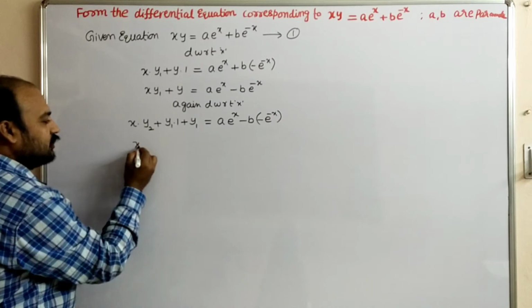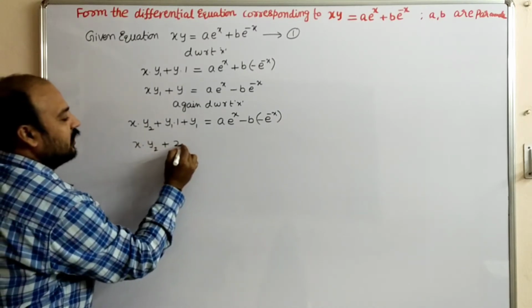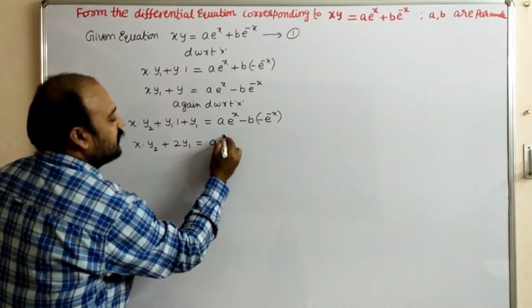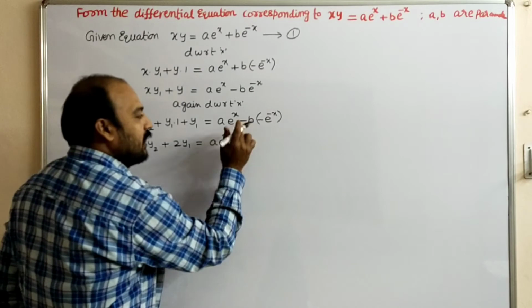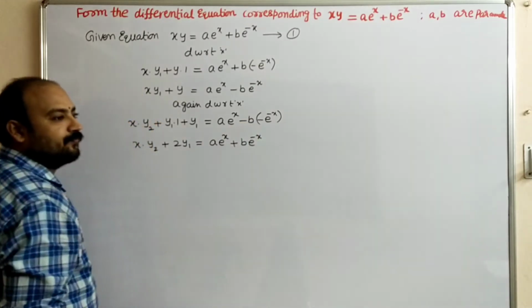So here x y2 + y1 + y1 is equal to a e^x, minus into minus is plus, b e^(-x).